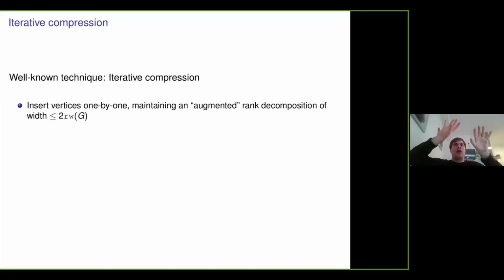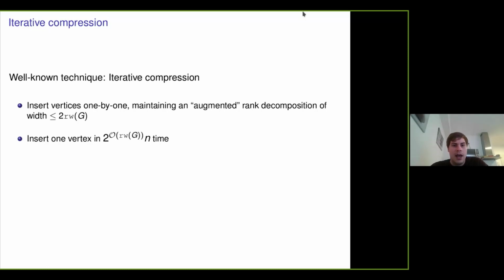If it has rank k, then we maintain a 2^k times 2^k matrix, given representatives of this rank.